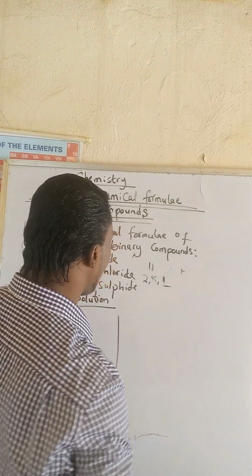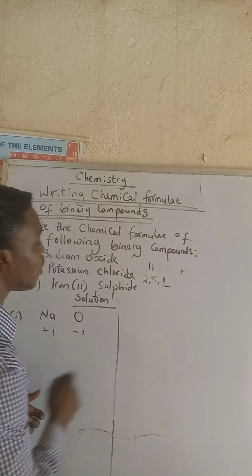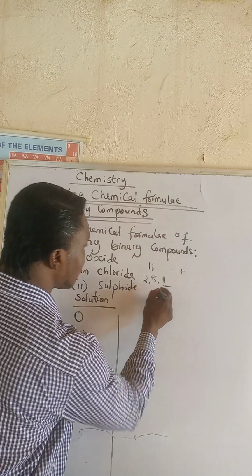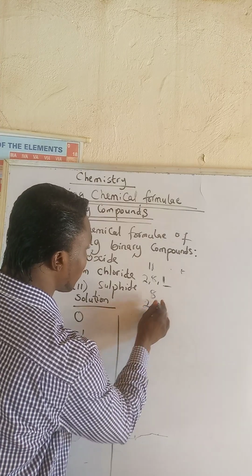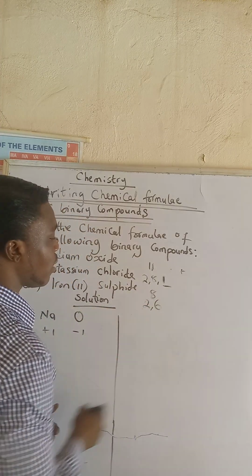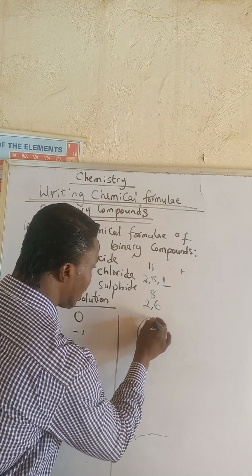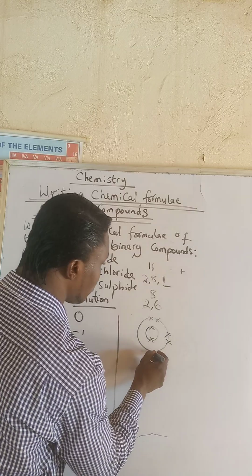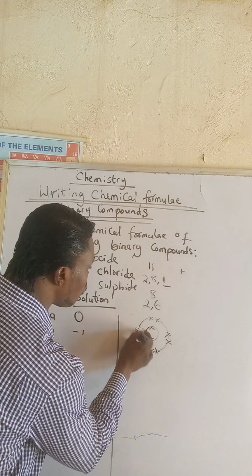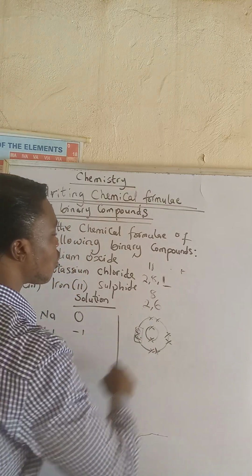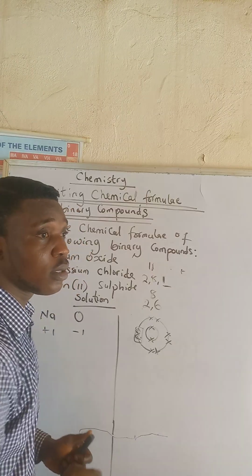Now that of oxygen, oxygen has an atomic number of 8. The configuration becomes 2, 6. What does it mean? It means that if this is the electronic structure of oxygen, this is 6. It means it will receive extra 2 electrons to reach the maximum 8 electrons in its outermost shell.